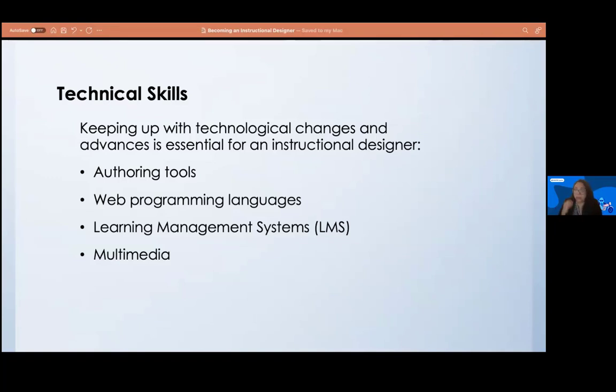In multimedia, like I said before, an instructional designer has to know not just about education, but also about technology, and knowing how to produce videos and illustrations is essential too, especially if you are into game-based learning and more interactive types of courses.